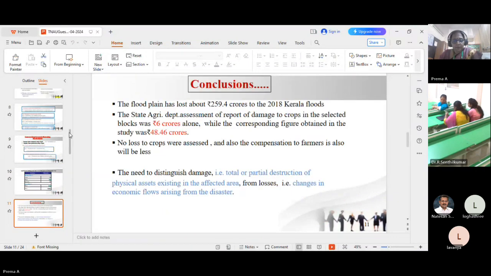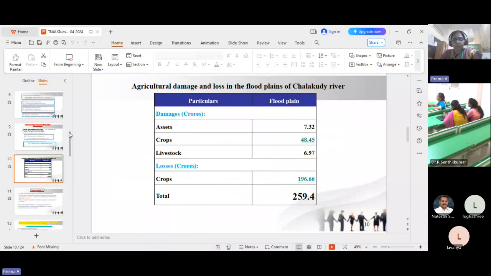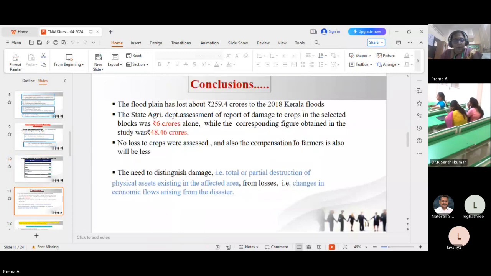But in the same area, the State Agriculture Department assessed the damage to crops as 6 crores alone, and we got it as something around 48 crores. And this corroborates the UN's observation that there is something around 40 to 50% less being reported when we come to damage and loss reporting.